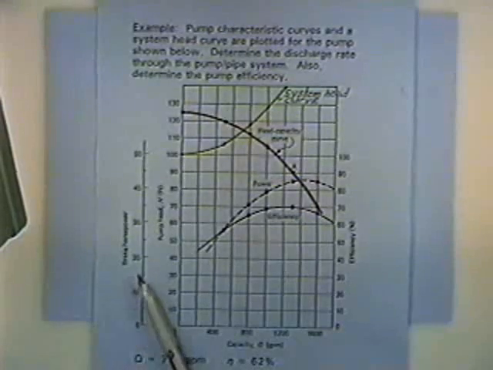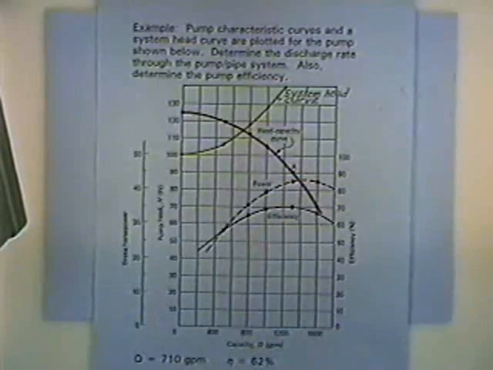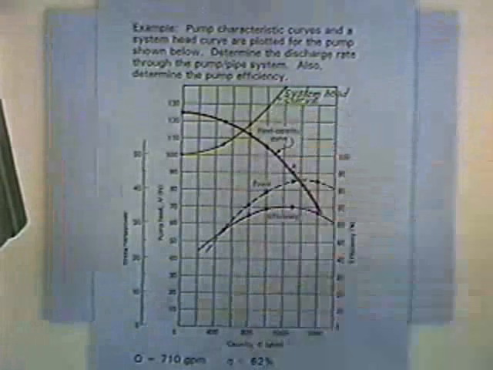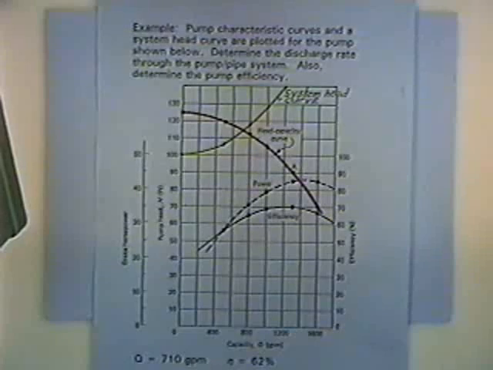And then we can actually compute the power versus discharge relationship from the power equation. Now the system head curve, the yellow curve, we have to compute from the system itself. Remember, the pump head, H sub P, is equal to the delta Z plus the head loss.